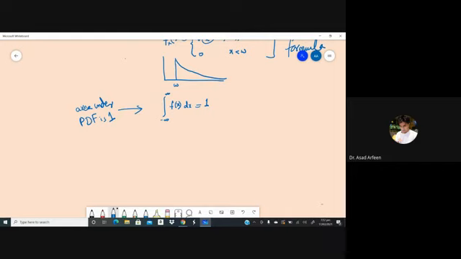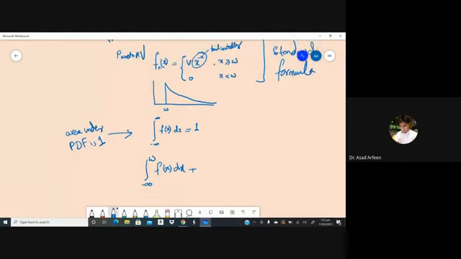Can I split it like this, because we have two limits: minus infinity to beta, or what we call w here, of f(x) dx, plus w to infinity of f(x) dx, is equal to 1.